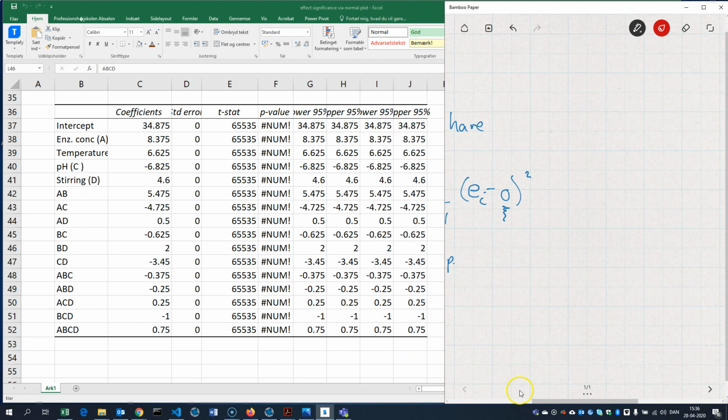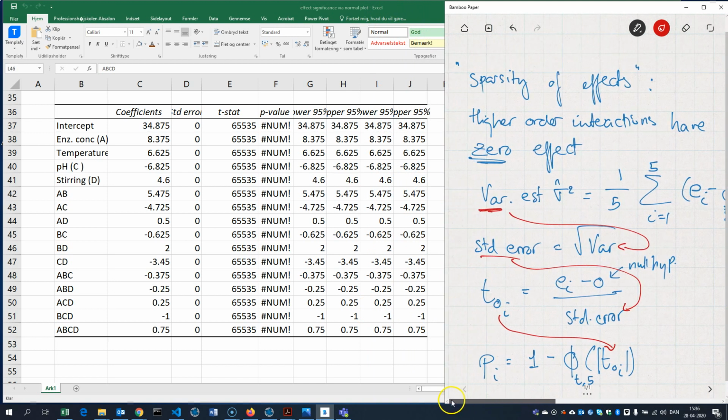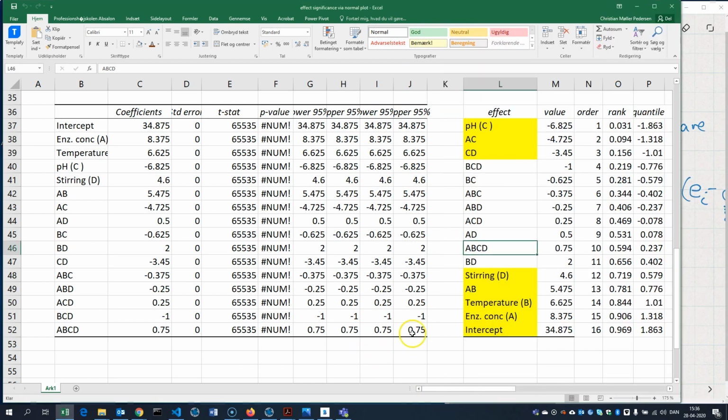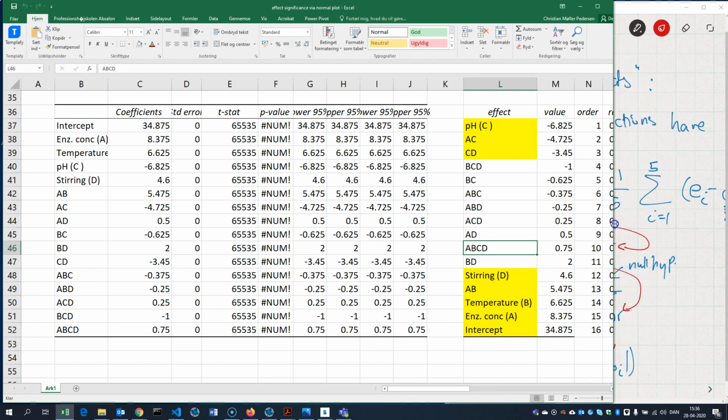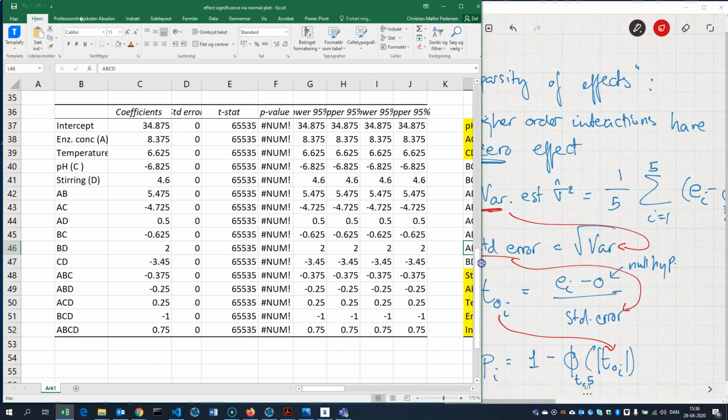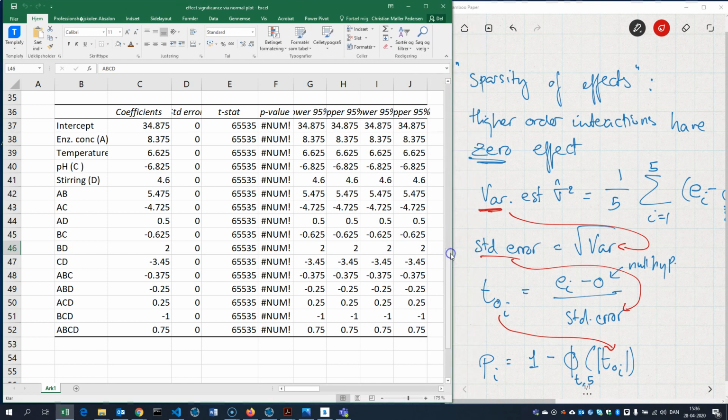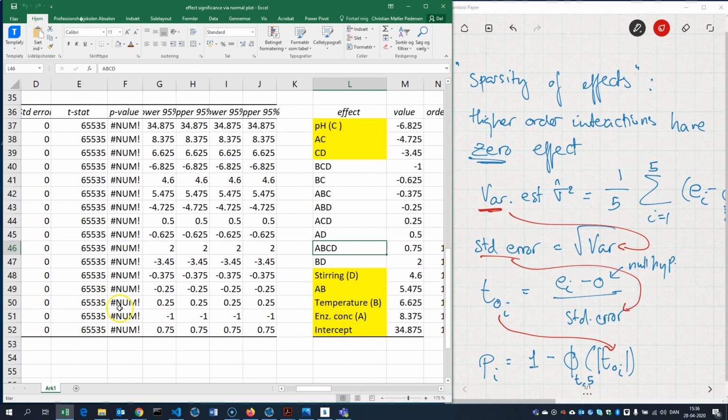Just do like that. And move this over here. Like that. Right. So, first of all, we want to do the variance estimate. According to the formula here, that's 1 divided by 5, because we have 5 higher order effects.